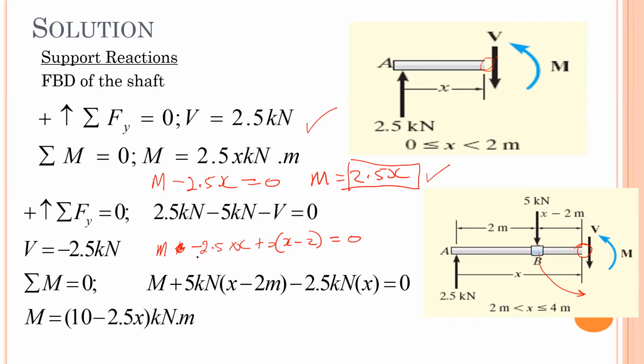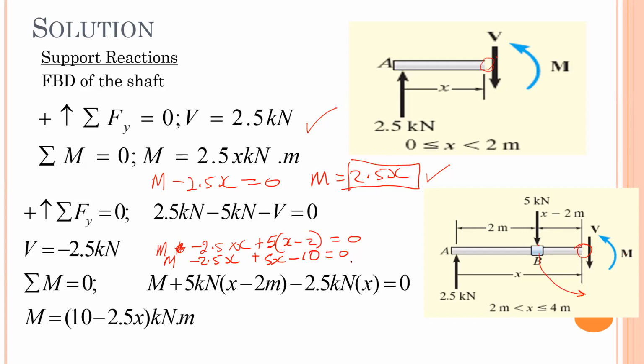So M minus 2.5x plus 5 times (x minus 2) equals 0. Expand that bracket, we get 5x minus 10 equal to 0. So that works out to be positive 2.5x, minus 10.